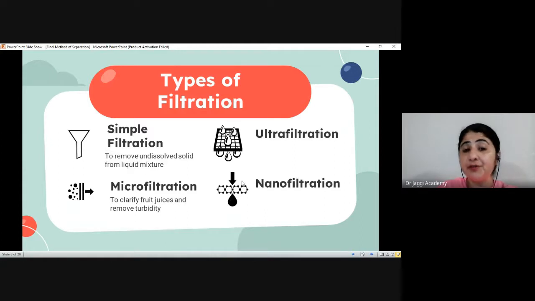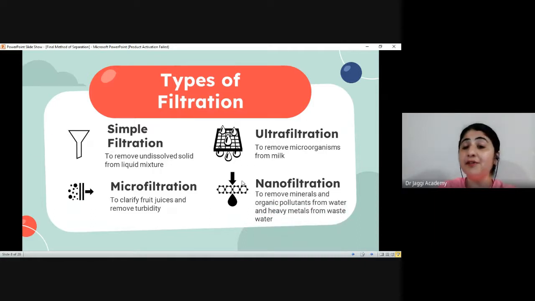Microfiltration is used to clarify fruit juices and remove turbidity, whereas ultrafiltration is useful for the removal of microorganisms from milk, and nanofiltration is useful to remove minerals and organic pollutants from water, as well as heavy metals from waste water. So these are the four different types of filtration that we use for different purposes.